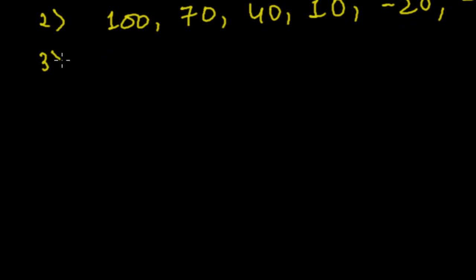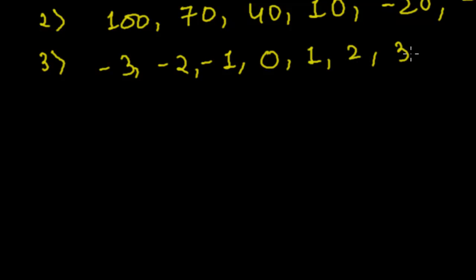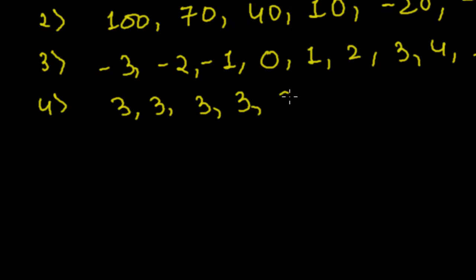Let me give another one. That's minus 3, minus 2, minus 1, 0, 1, 2, 3, 4, and so on. Let me give another one. That's 3, 3, 3, 3, 3, and so on.